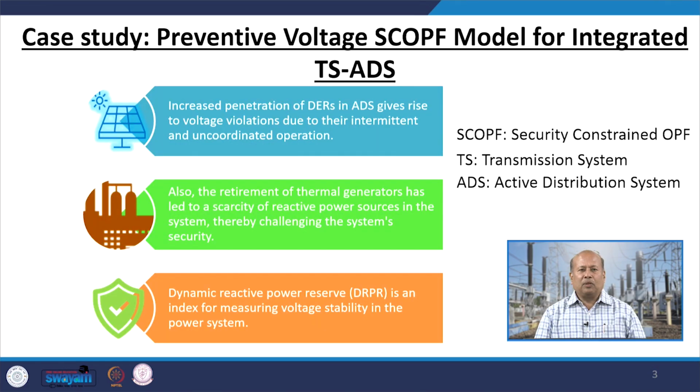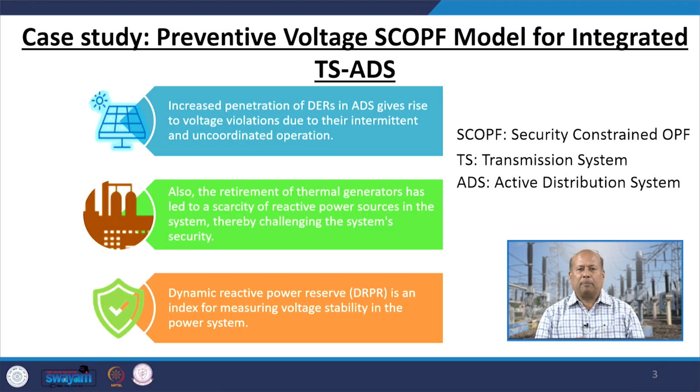Now, one of the case studies in which we can demonstrate how the transmission system and distribution system together can efficiently operate, not only to accommodate the DRs but also for the benefit of the customers and ancillary support systems, is the preventive voltage security constrained optimal power flow model for integrated TS and ADS.